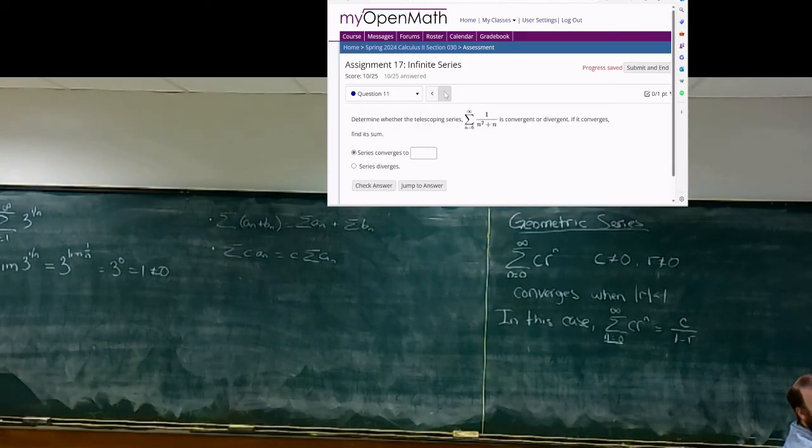Well, at least they tell you it's telescoping. That's nice. So what they want us to do is the same thing as we did on that telescoping problem, I erased it. What was it, second to last? Find the nth partial sum, take its limit.